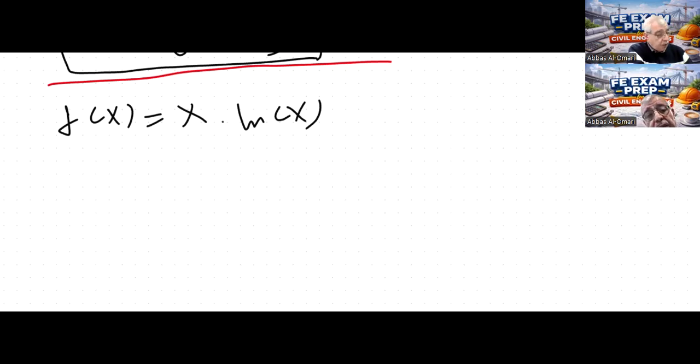The derivative of this function is the first function multiplied by the derivative of the second function, plus the derivative of the first function multiplied by the second function.